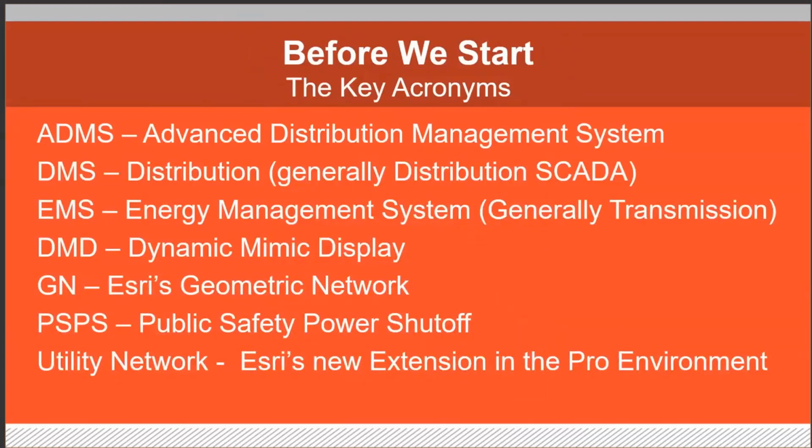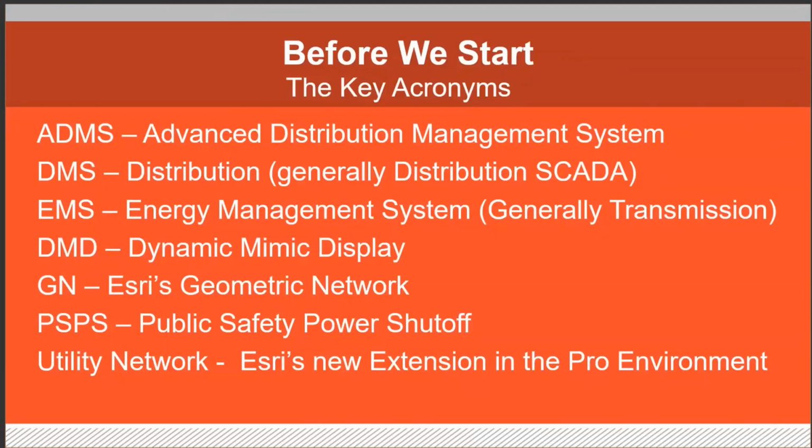So first off, we've got Advanced Distribution Management System. That is just like adding advanced applications to a traditional DMS, which is a distribution management system, which generally has from the substation transformer downstream through your feeders and has that distribution SCADA.